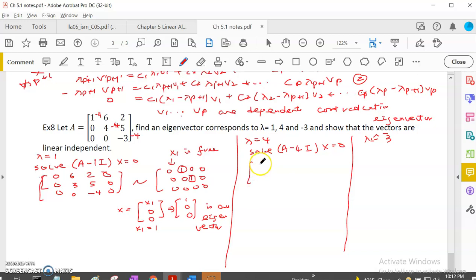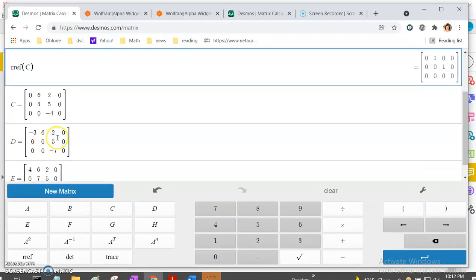So that means my matrix is -3, 6, 2, 0, -4... 0, 5, -4, -4, -7, right? So RREF, 0, 0, 0. I want to solve Dx equal to 0. So -3, 6, 2, 0, 0, 5, 0, 0, -7.